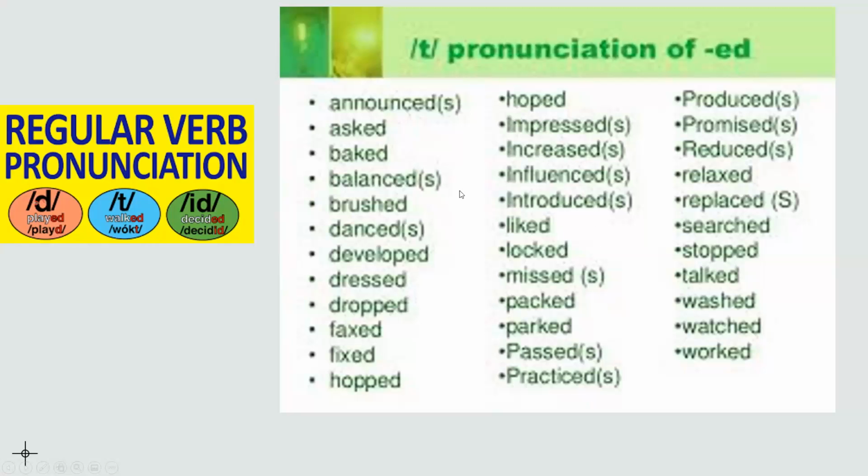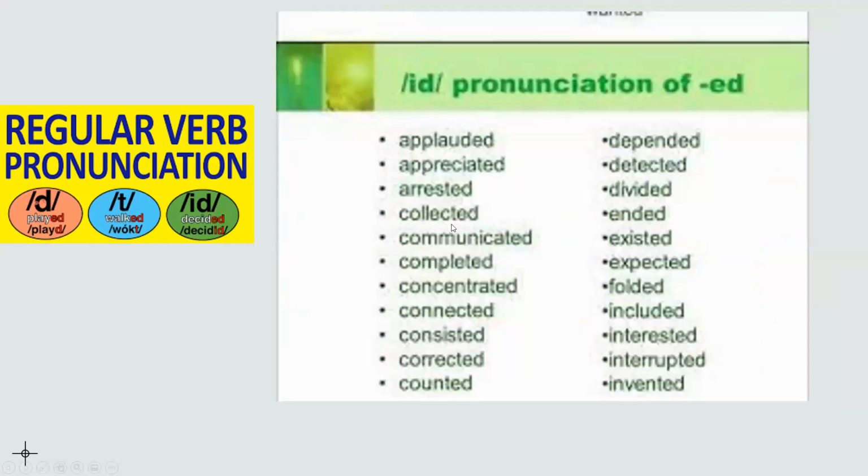These are the regular verbs in the phonetic group that finish with the pronunciation t. And in this group, the ed is pronounced like id. They finish in D or T.